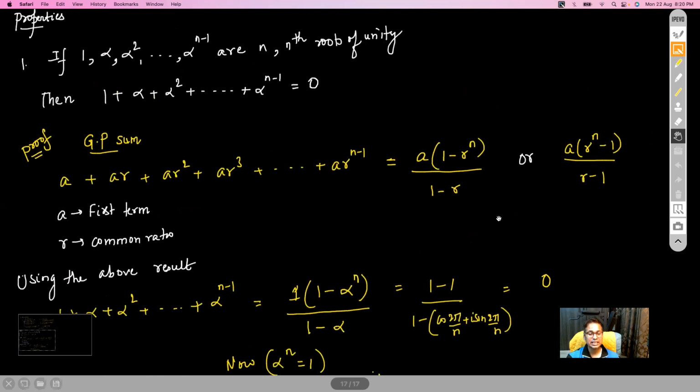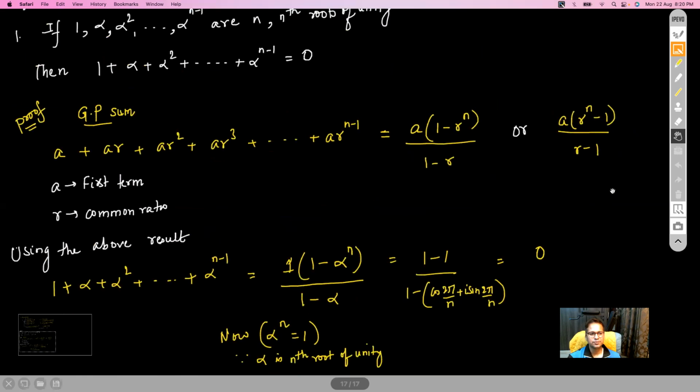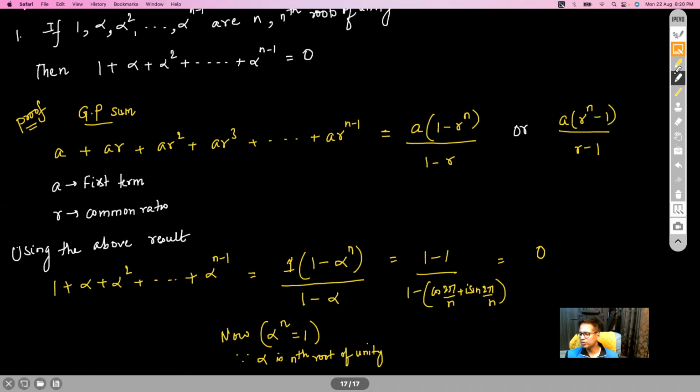Clear? This result should be kept in mind because it will be utilized in solving a few questions. Is it done? Can we move on to the next property?